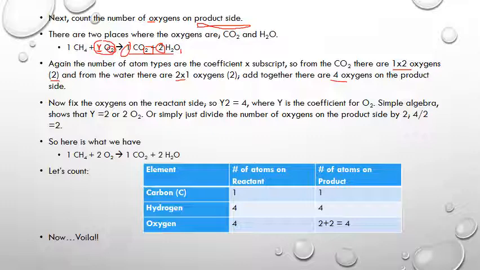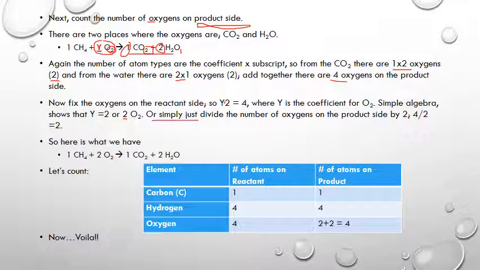So y times 2 equals 4, where y is the coefficient of O2. So simple algebra will tell you that, divide both sides by 2 and you get 2 as your number to put in front of here.